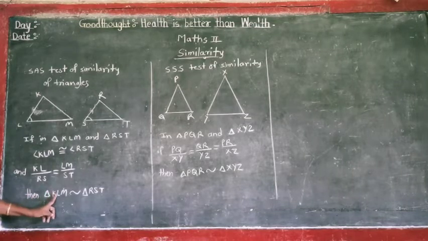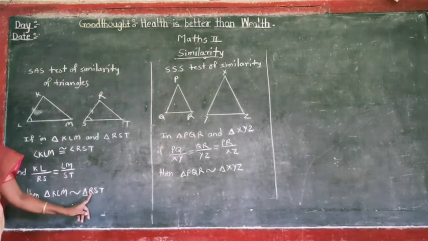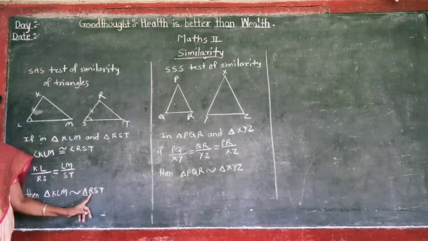Then these two triangles are said to be similar: triangle KLM is similar with triangle RST.